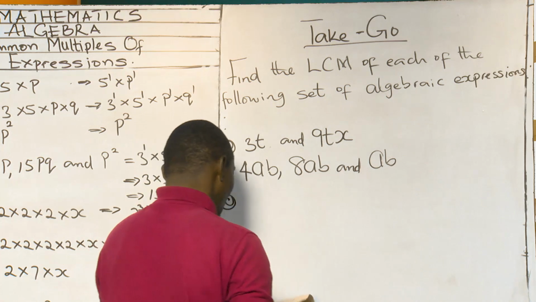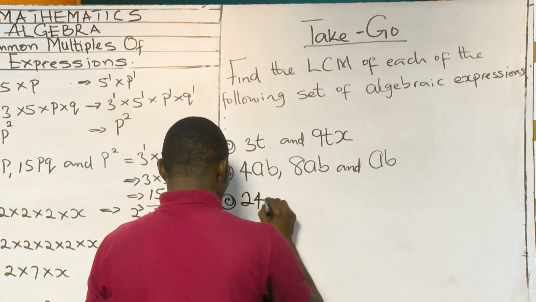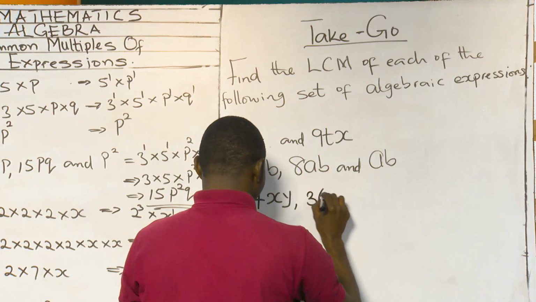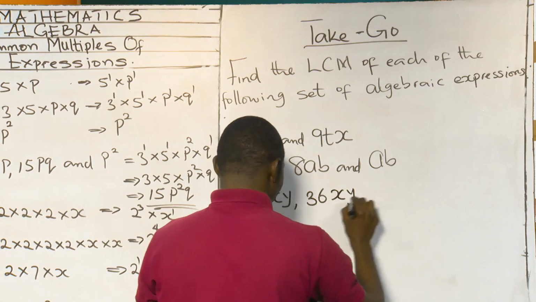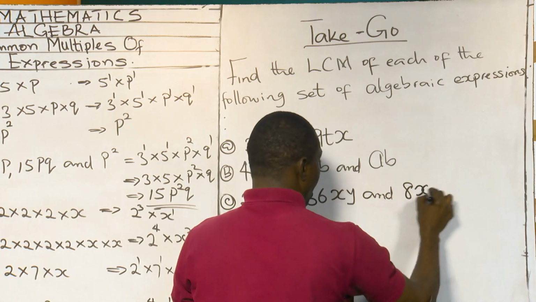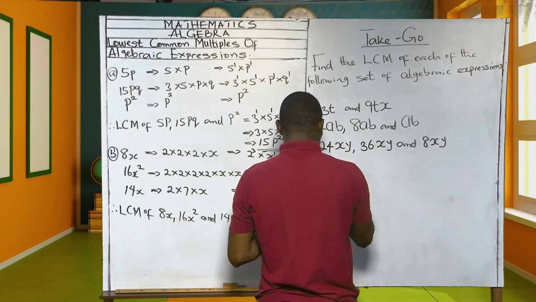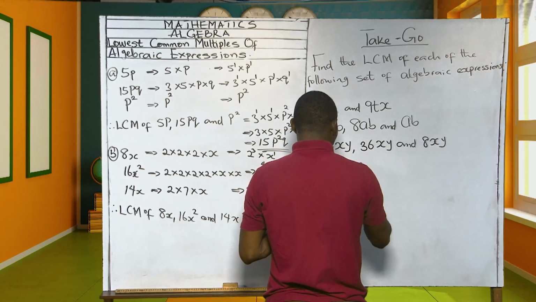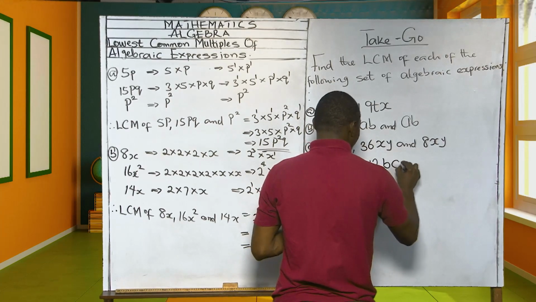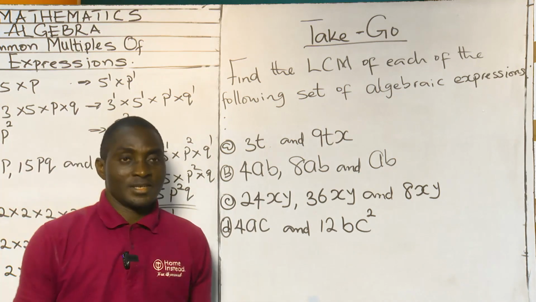C: 24xy, 36xy and 8xy. D: 4ac and 12bc squared. That is that.